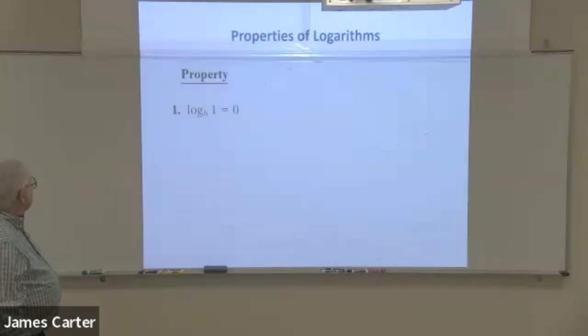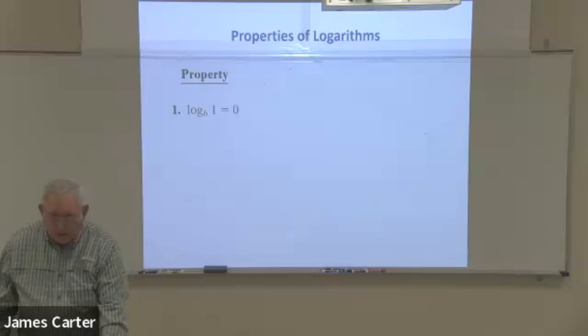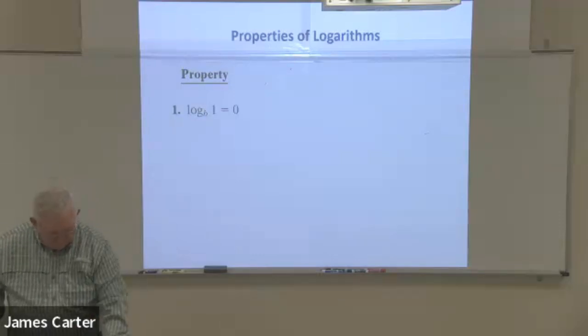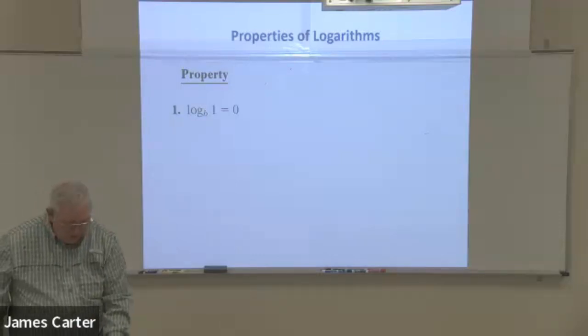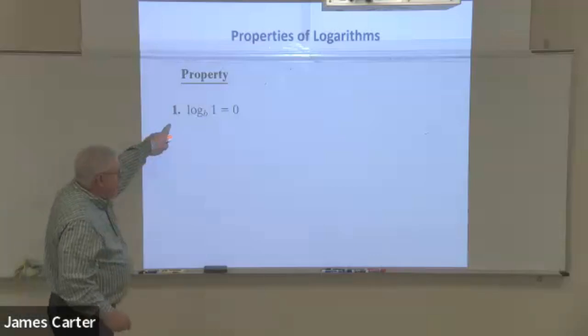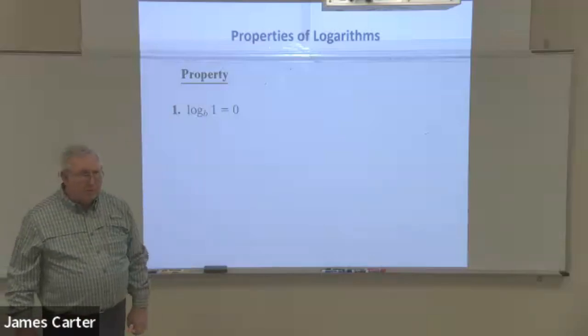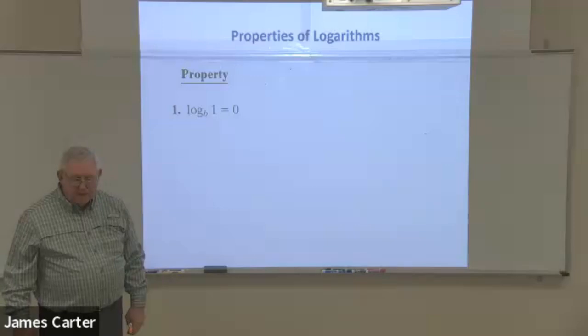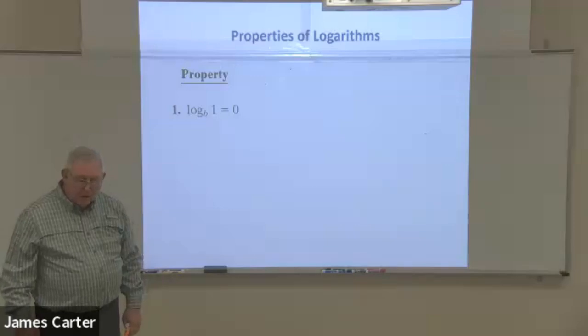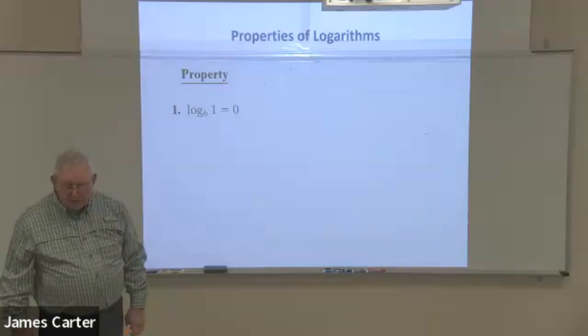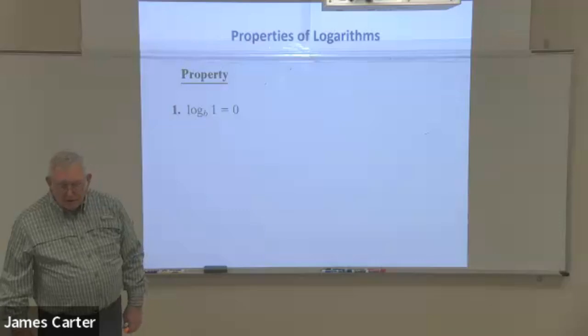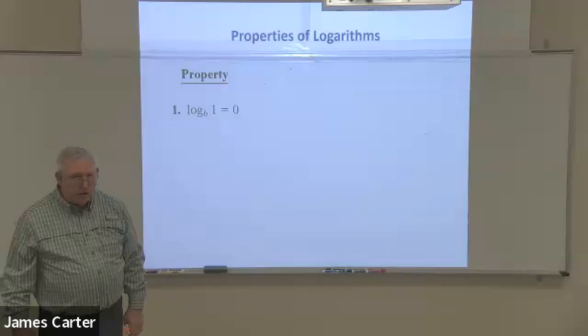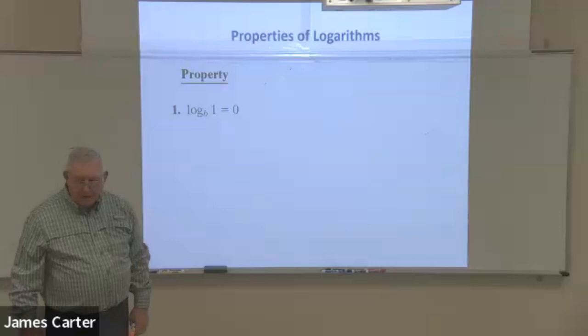All right, properties of logarithms. If you're on page 18 right now, what I'm showing you is the middle column on page 18. That middle column is the equivalent of the first column and the third column. Those are all equivalences.